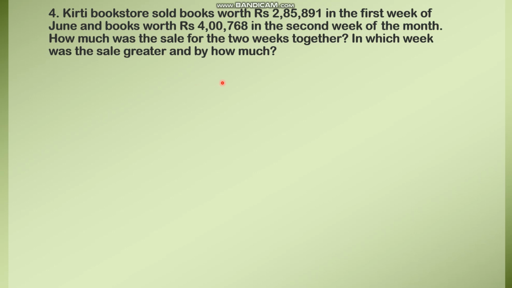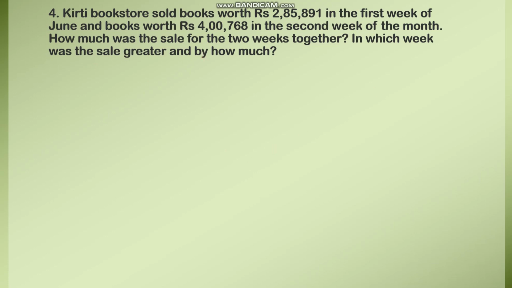Got it, children? So first find the total amount in these 2 weeks, then check which week had the greater sale, and after that find by how much by subtraction. Everyone try to do this yourself, and don't forget, this is your work. You write the steps and answer it yourself.